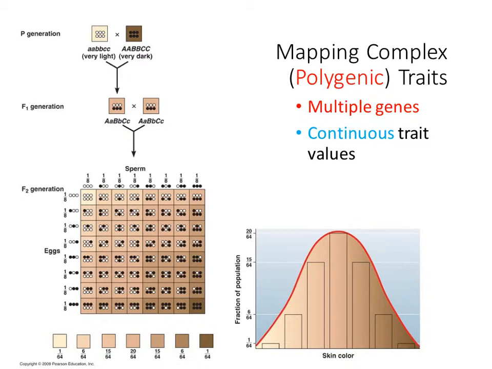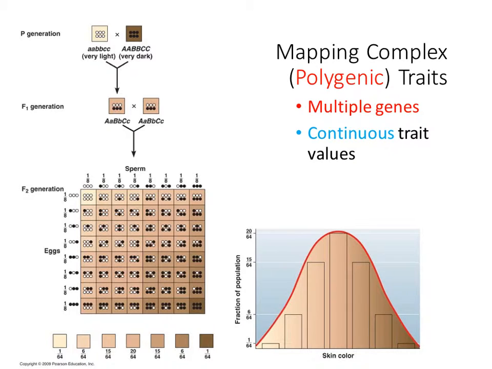So one textbook uses this example, again dealing with coat color, where instead of 2 genes, we have 3 genes, A, B, and C. So now instead of this previous example, there are 3 genes, 6 possible alleles. Every time you get a capital letter, you get a slightly darker coat color.